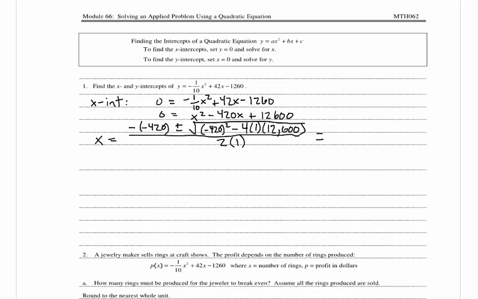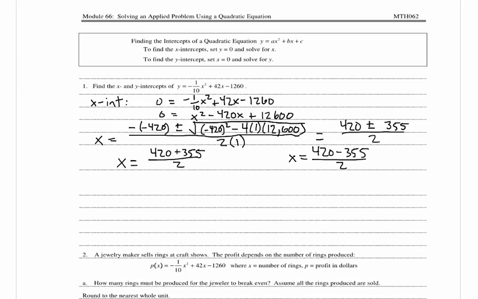And this is equal to 420 plus or minus the square root of negative 420 squared minus 4 times 1 times 12,600, which is equal to 355, divided by 2. And now we're going to do x is equal to 420 plus 355 divided by 2, and x is equal to 420 minus 355 divided by 2.